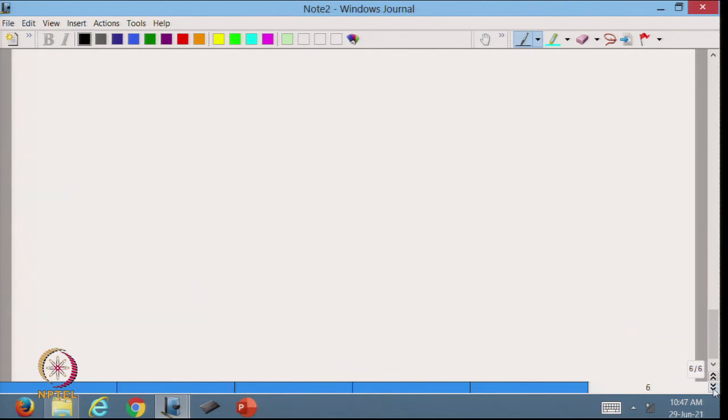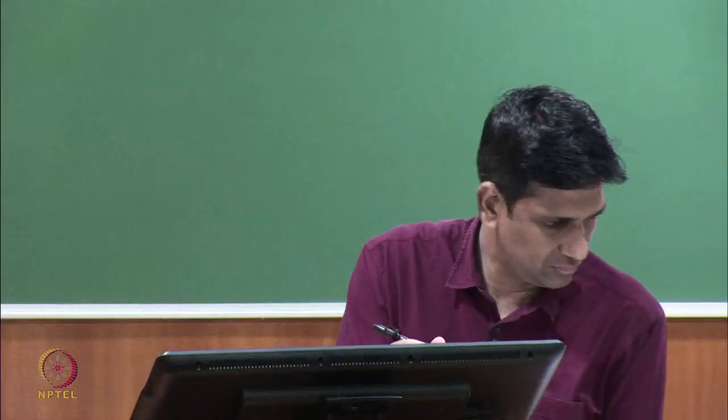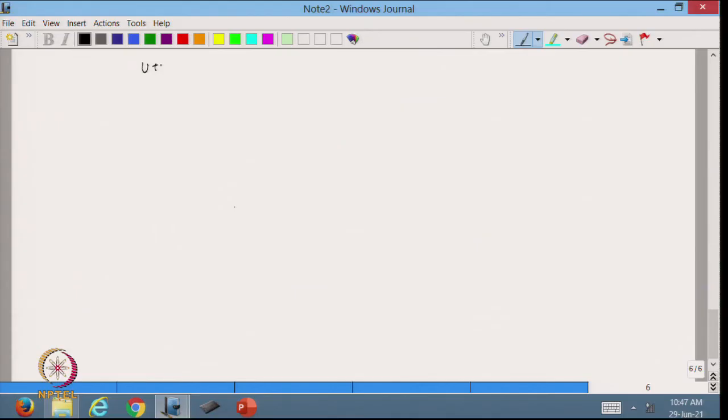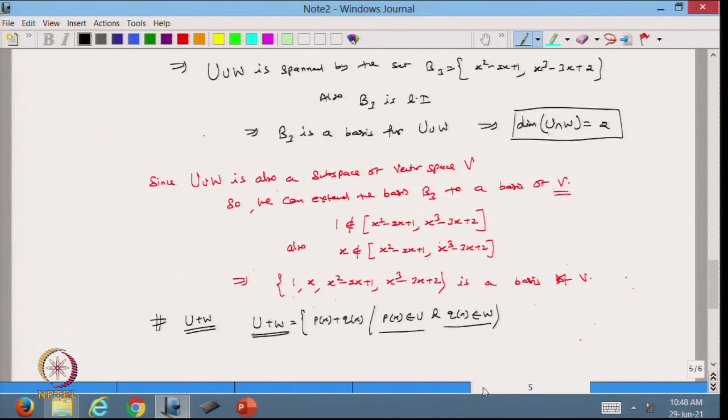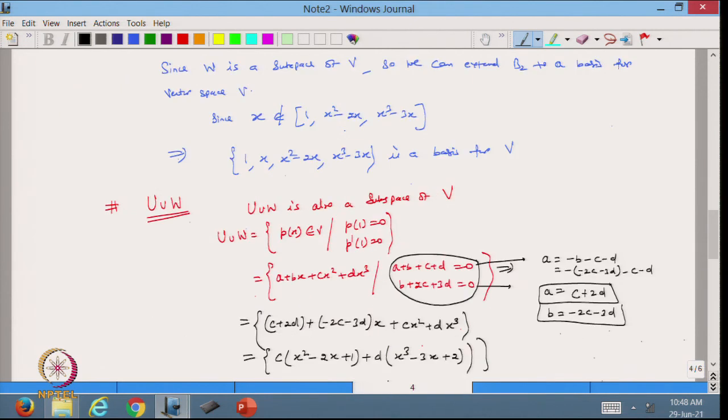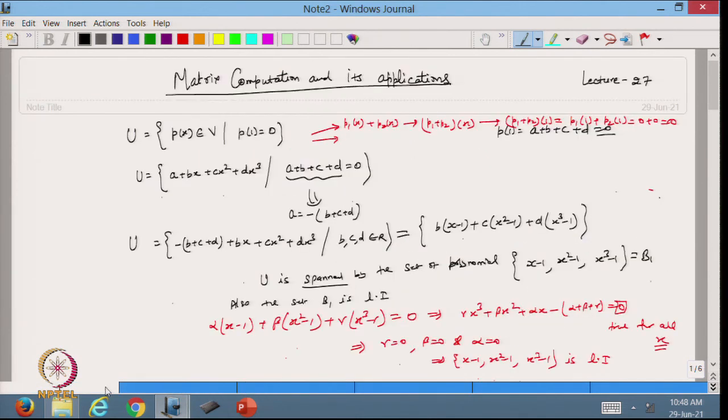Now, from here, based on this one, we can say that u plus w is basically a set of polynomials. So, if I take p(x), p(x) should belong to u, and if it belongs to u, then I know that its bases are these: x minus 1, x square minus 1 and x cube minus 1.